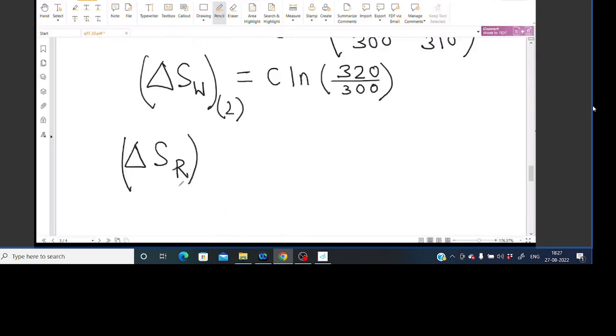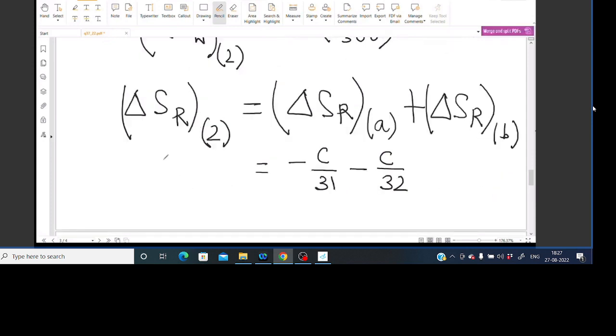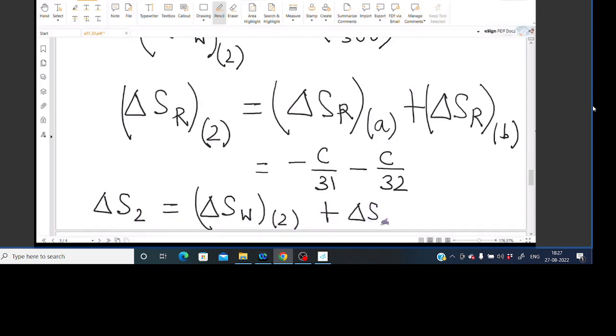The change of entropy of the reservoir in process 2 is equal to the change of entropy of the reservoir in sub-process A plus the change of entropy of the reservoir in sub-process B. So the change of entropy of the reservoirs in process 2 is equal to minus C by 31 minus C by 32. So the total change of entropy of the universe is equal to delta SW2 plus delta SR2.